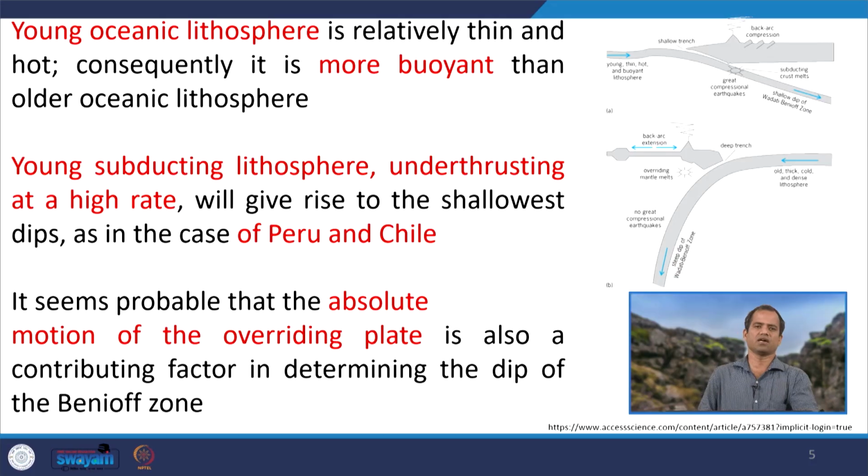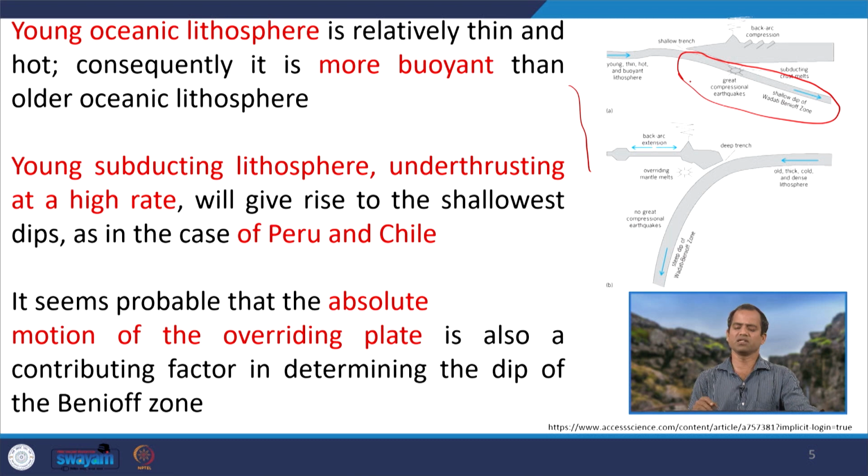Young oceanic lithosphere is relatively thin and hot. Consequently, it is more buoyant than the older oceanic lithosphere. For example, here if you see the Nazca plate, which is going down under the South American plate, the angle of subduction is very small. Why is it small?